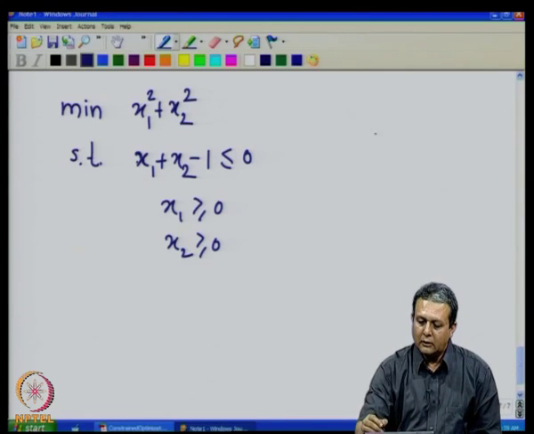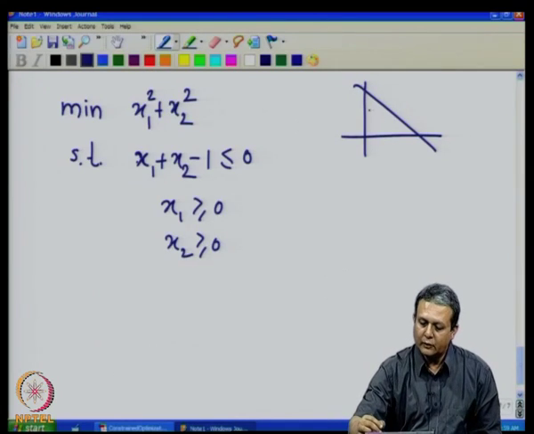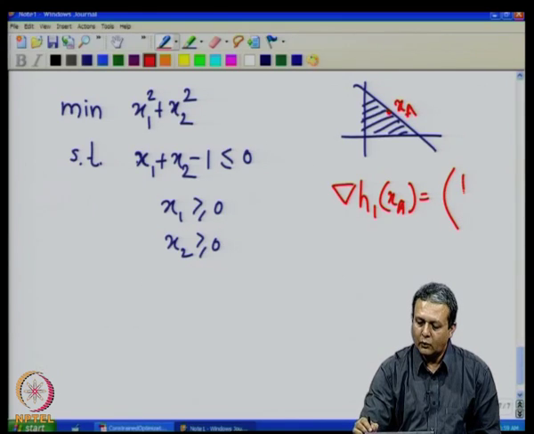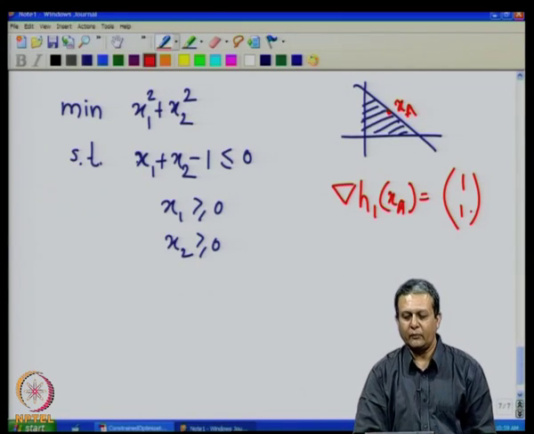Now, again if we take the point x a, this is going to be our feasible region, and the gradient h1 at x a will be (1, 1), which is not 0.